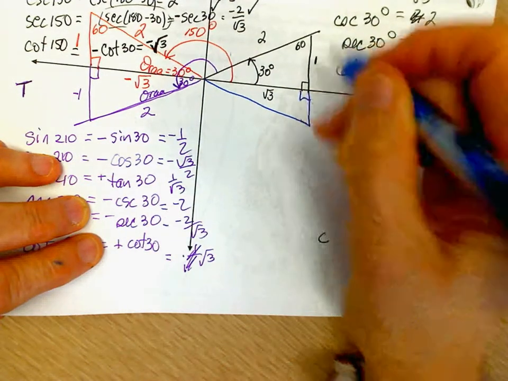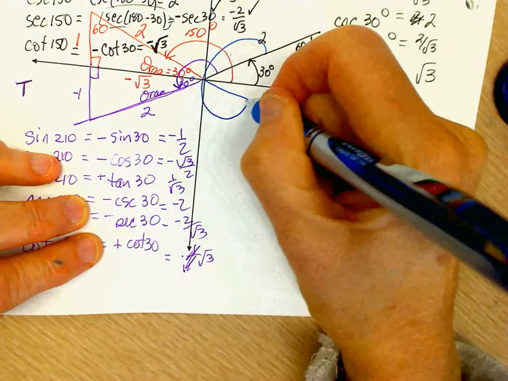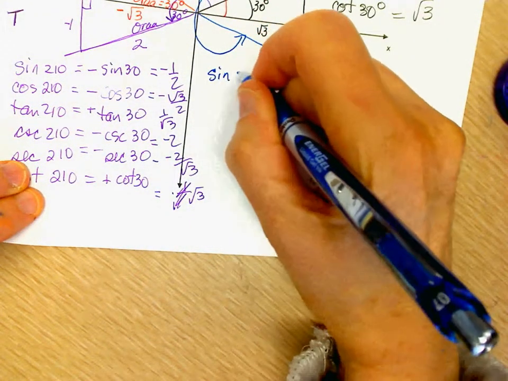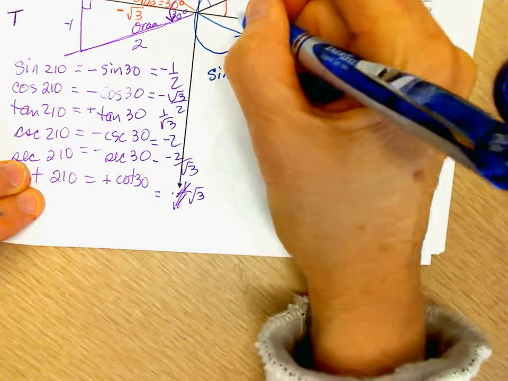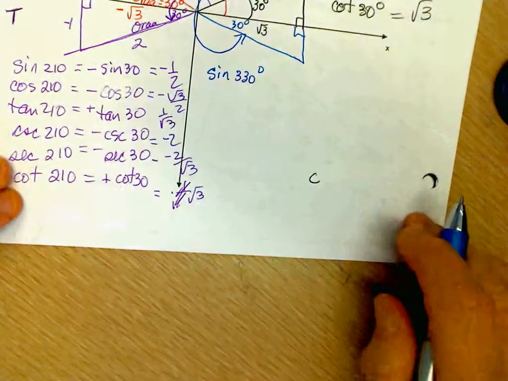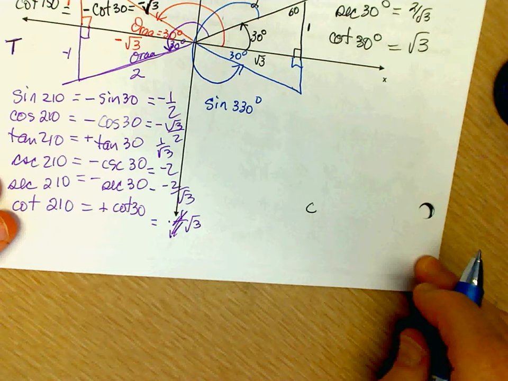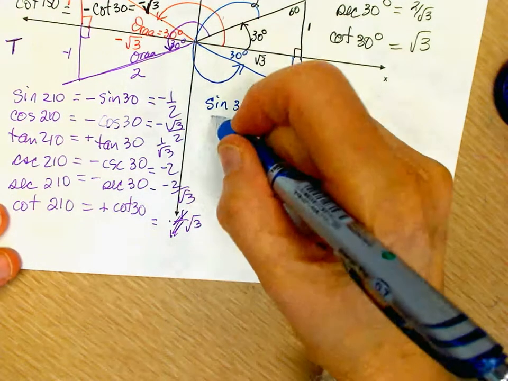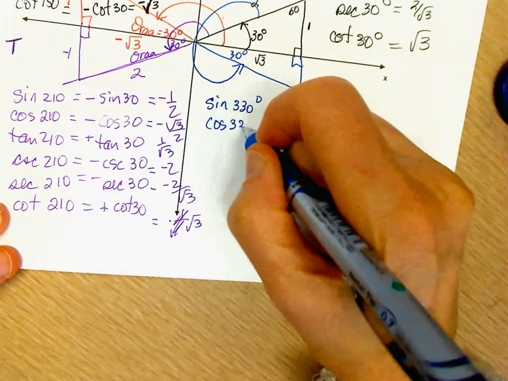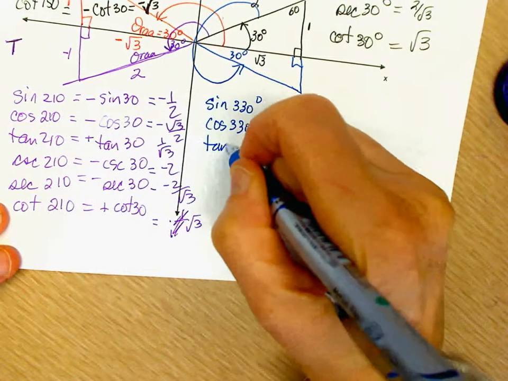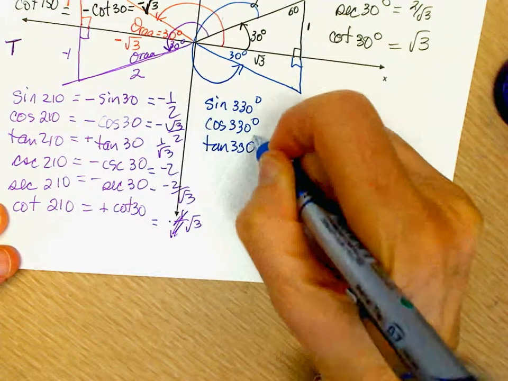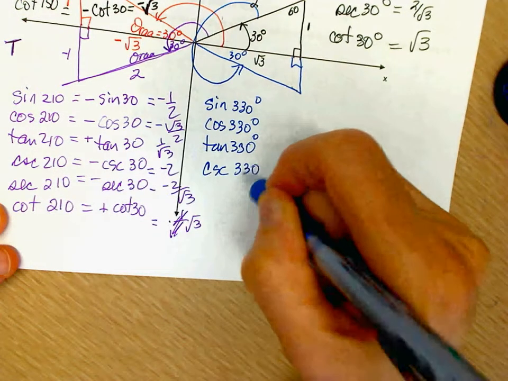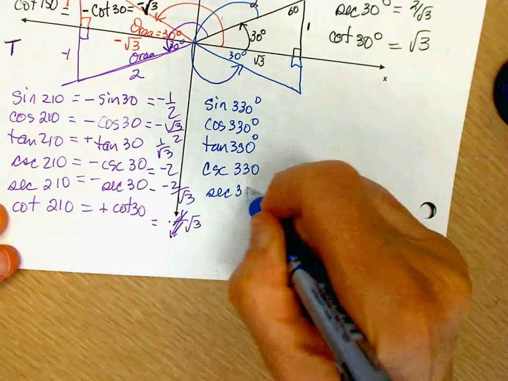So this is going to be sine 330. You know the related acute angle is 30 degrees. Cos 330, tan 330, cosecant 330, secant 330, cotan 330.